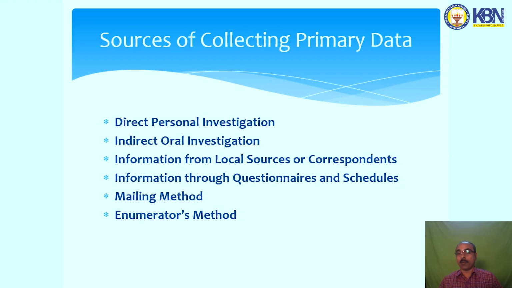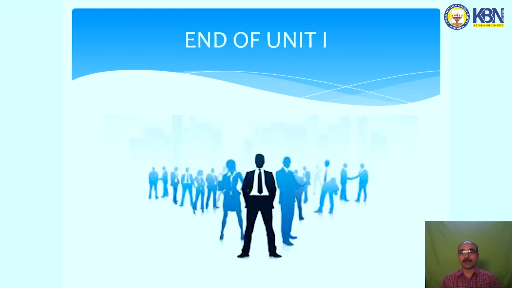They investigate what we are in need of. If we are not able to take data directly from the customers, we generally appoint these enumerators who help the investigator in the collection of data. These are the different modes of sources of primary data.